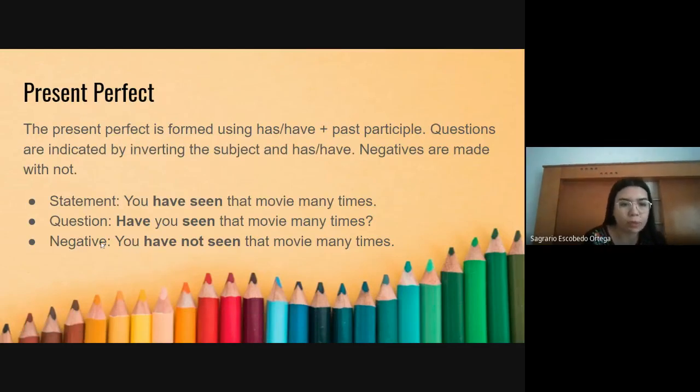The negative will be you have not or you haven't seen that movie many times. Remember that we're using have because we're talking about you. But if this statement will be a she, it will be she has seen that movie many times.